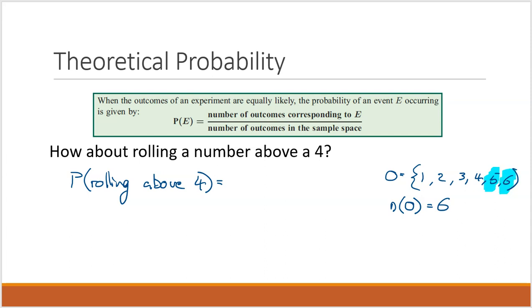So what is the number of outcomes corresponding to this event? Well, it is 2. And number of outcomes in the sample space, well, how many numbers are in here? Well, n of set O equals 6, so 2 in 6. Now, simplifying that, that becomes 1 over 3. And I don't need my calculator to do that. I simply know it's 66.67%. No, it's not.